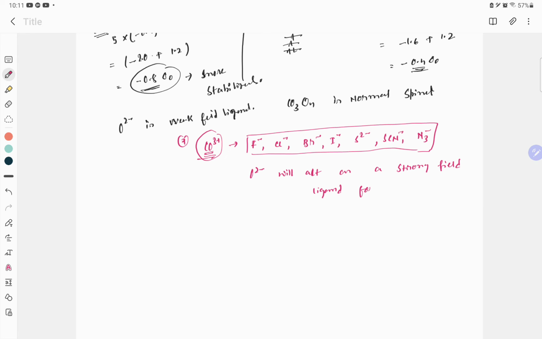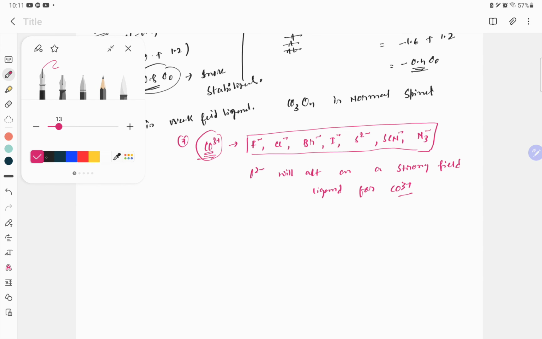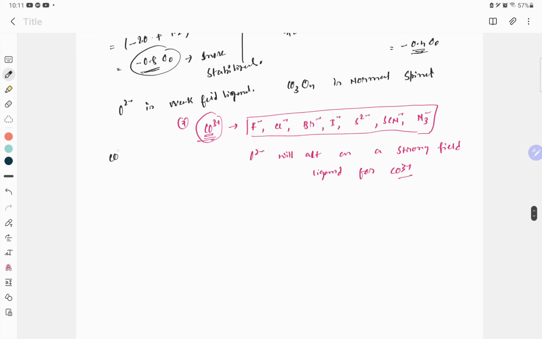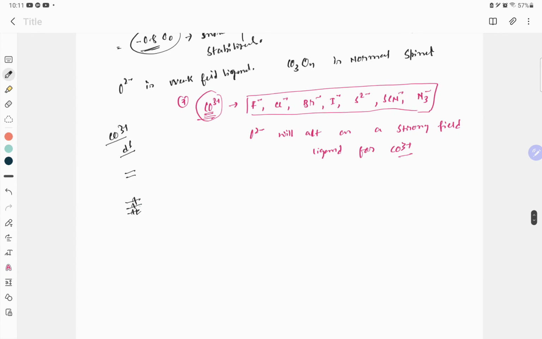for Co3 plus. So now we'll check the CFSE. So Co3 plus is a D6 system. As a strong field ligand, all the electrons will occupy the lower energy t2g level.